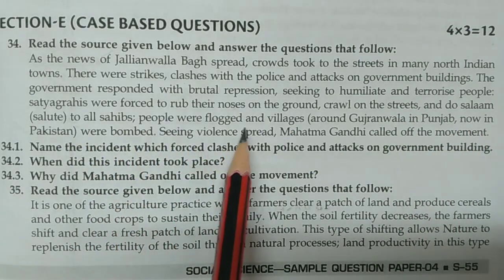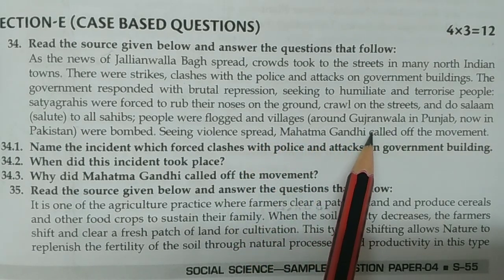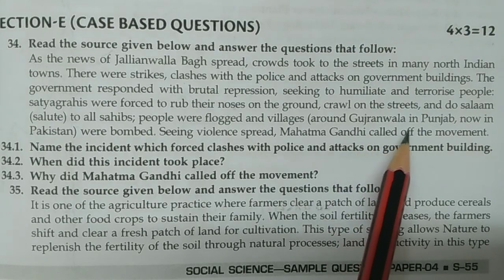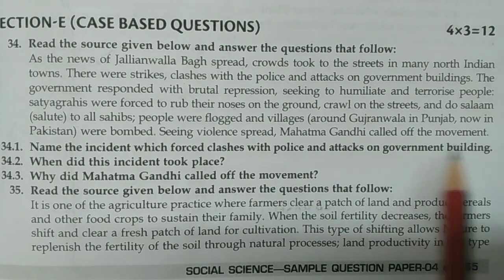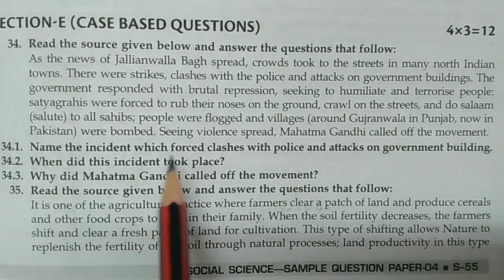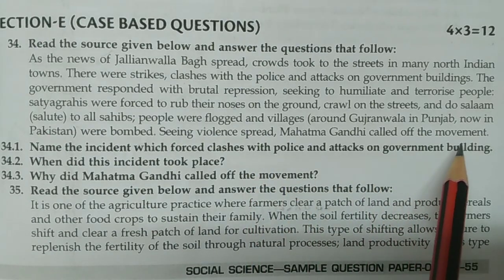People were flogged, and villages around Gujranwala in Punjab, now in Pakistan, were bombed. Seeing violence spread, Mahatma Gandhi called off the movement.